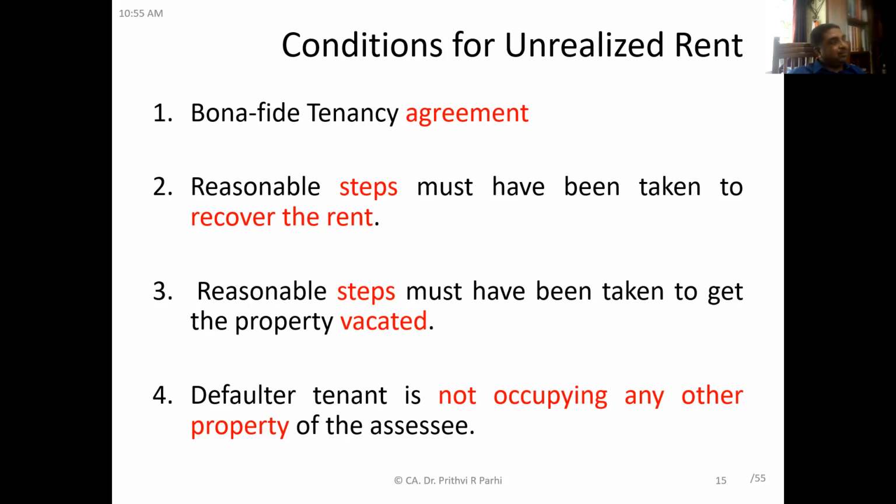It shouldn't happen that the tenant has taken another property on rent from the same assessee, paying more rent there, and that gets adjusted with this unrealized rent. The defaulting tenant should not be occupying any other property of the assessee. Understood? So these four conditions are relevant in order to claim unrealized rent as a deduction.